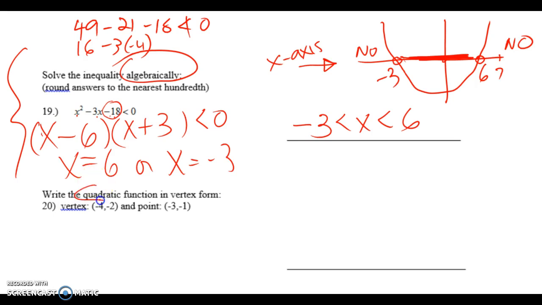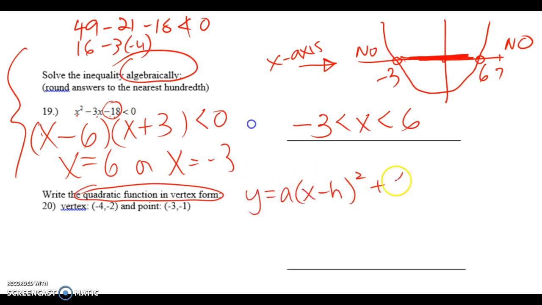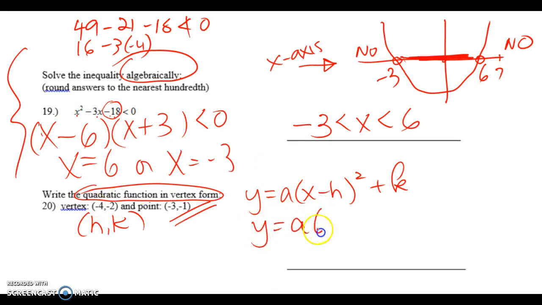Now, this says write the quadratic function in vertex form. y equals a, x minus h squared plus k, where the vertex is h, k. This additional point, folks, is only there to help us solve for a. So first we plug in: y equals a, x minus -4 is x plus 4 squared minus 2.